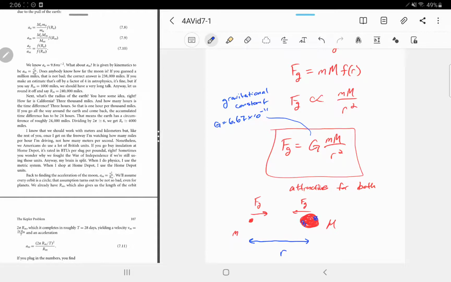For the units, it's whatever units it has to have so that I'm left with newtons after everything cancels. So it's newtons left over, and I need to multiply by meters squared, because when I plug in r in meters, that's going to cancel out, divided by kilograms squared. If you remember the formula and the number, you can just fill in the units later, because they're determined, given that this is the number in SI units.